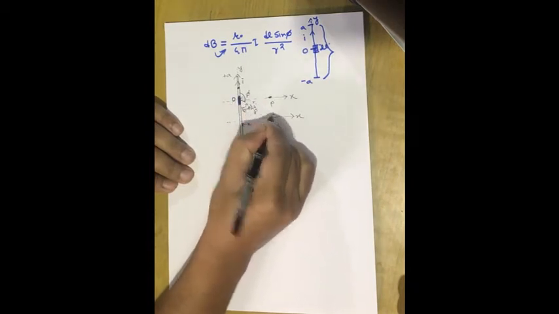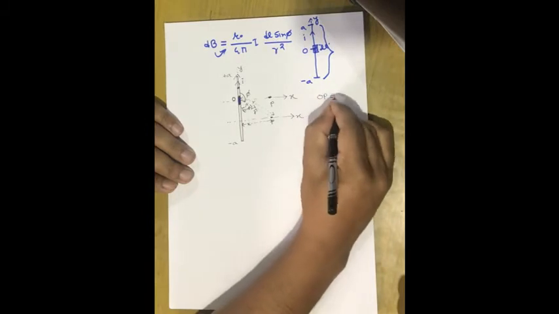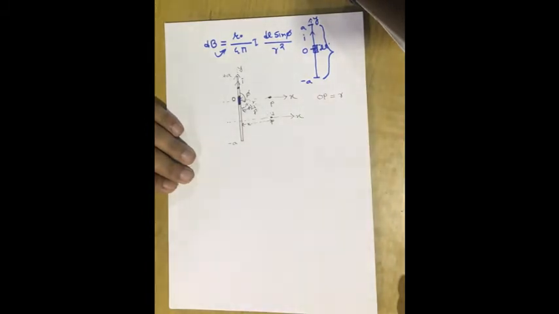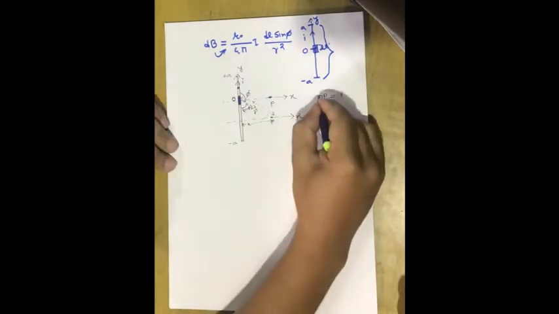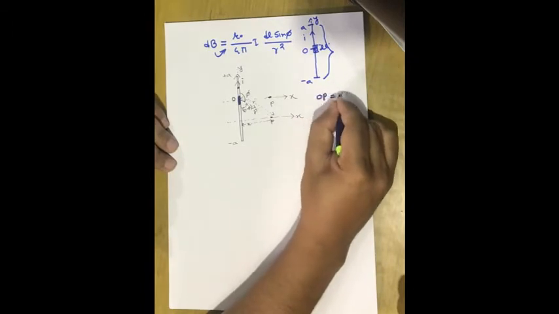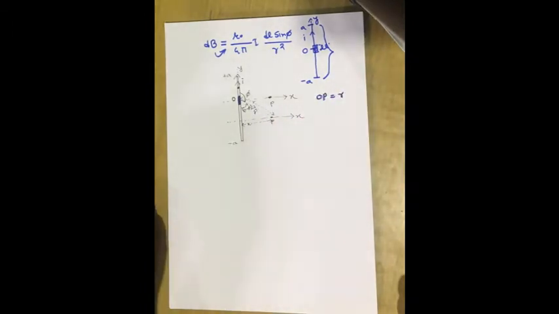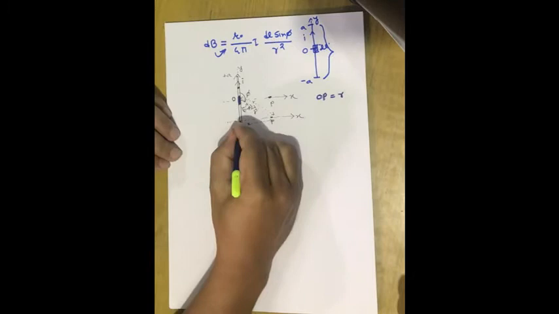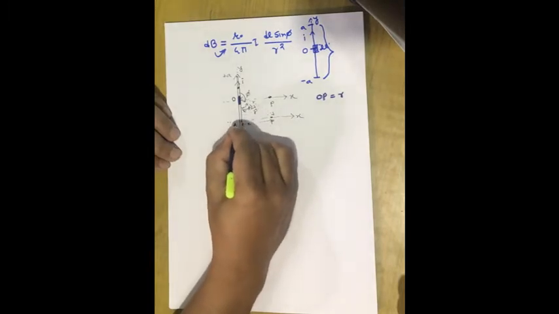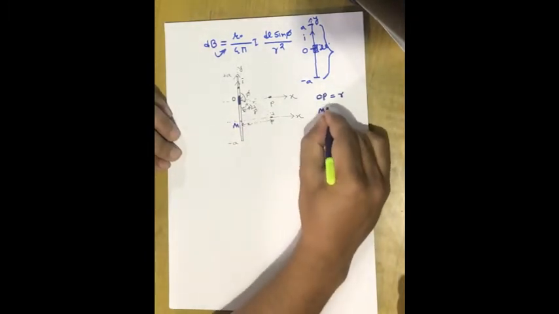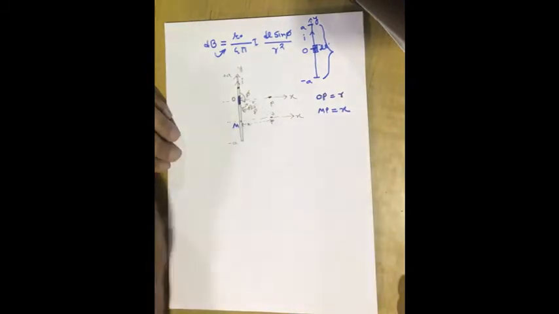The magnitude of OP is equal to small r. If you take this point as M, then MP is equal to small x. So basically this is the geometry of the point.